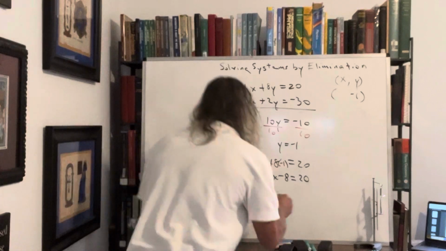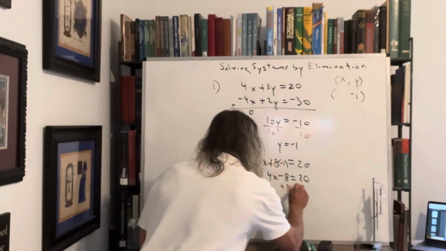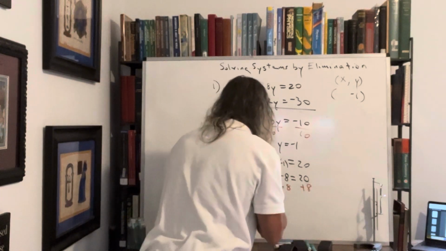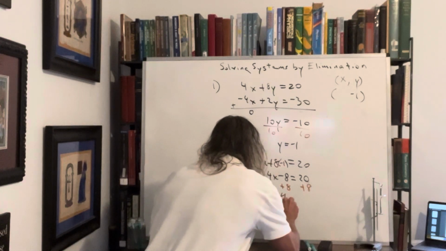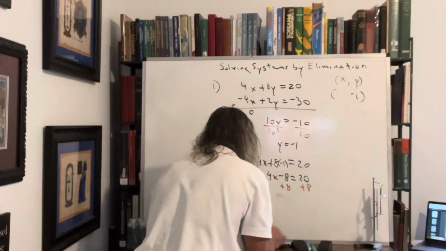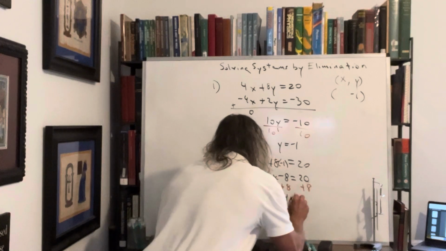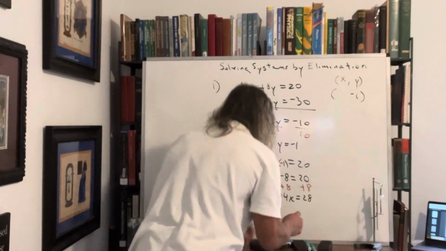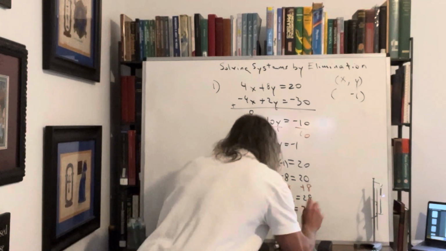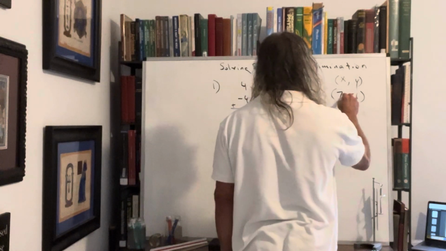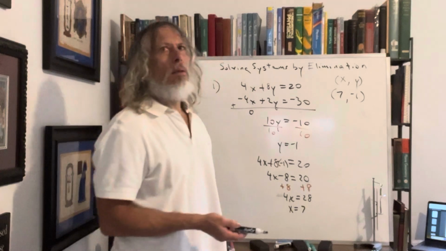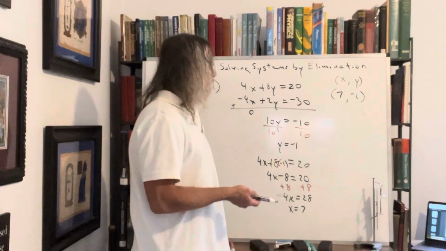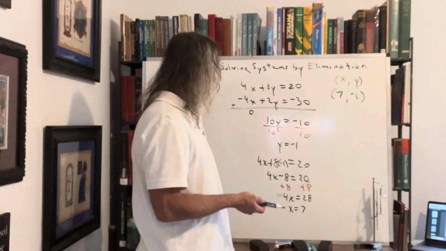Then add 8. Then divide by 4, x is 7. 7, -1 is where these would meet.